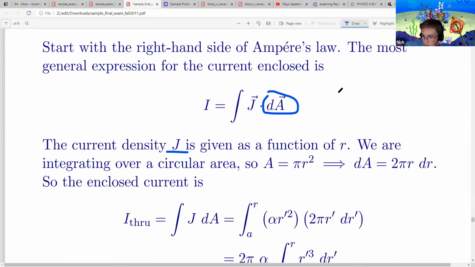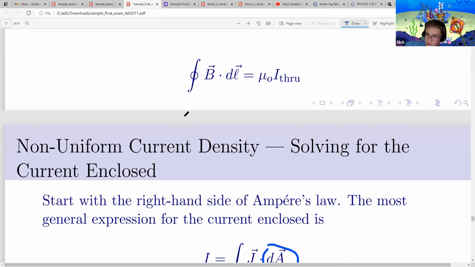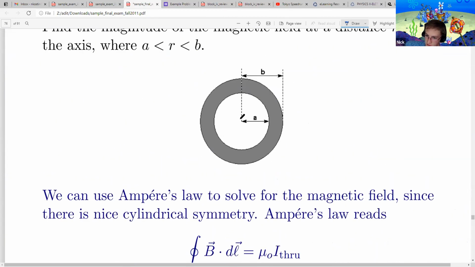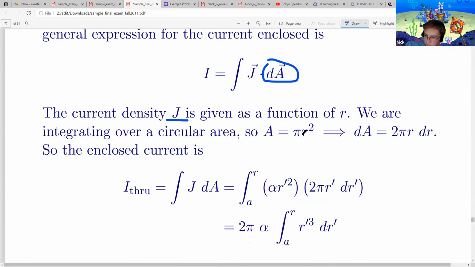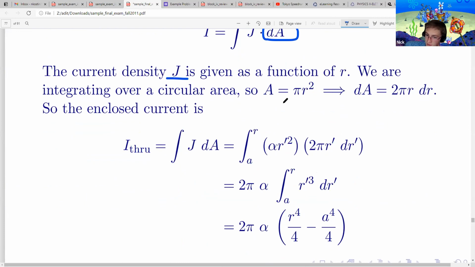And dA, well, if current density is the current going through a cross-sectional area, then we need to consider the cross-sectional area of the wire. And we're dealing with circles here. So even though we have this setup where it's like a tube rather than just a plain circle, we can still say that we're integrating over a circular area.